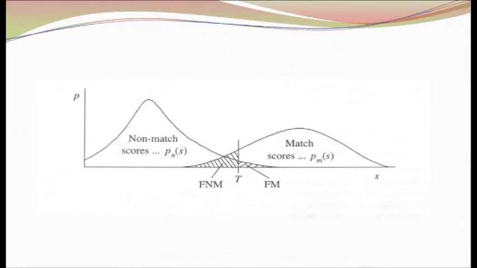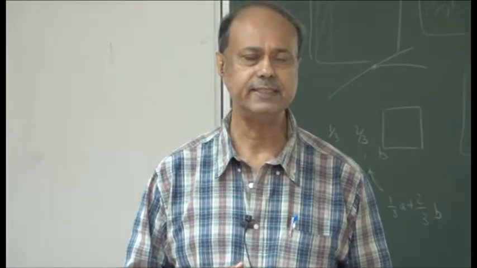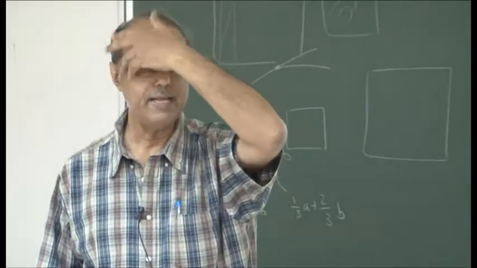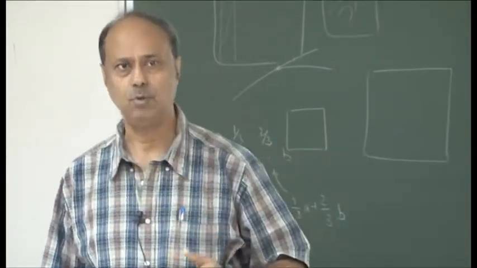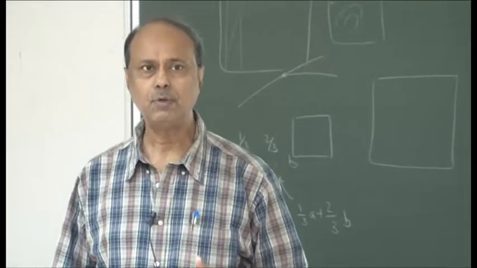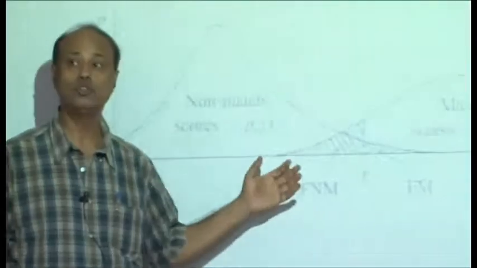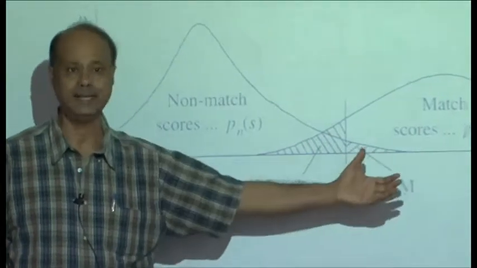Based on this, there are two graphs. One is the graph for genuine persons, another is the graph for imposters. Now, suppose I have taken the data of n people and obtained their feature vectors, and I plot the matching score. Since they are genuine persons, their matching scores will be on the higher side.